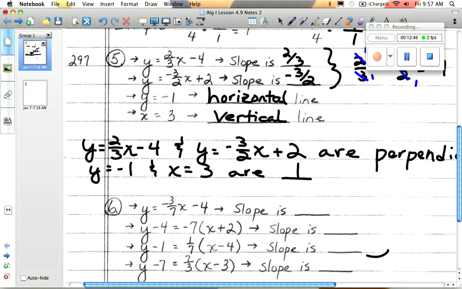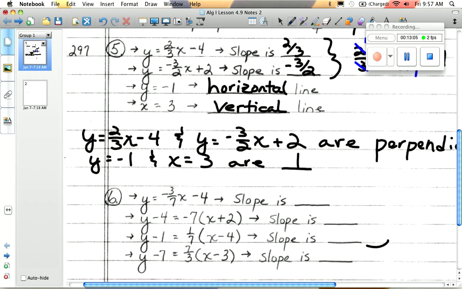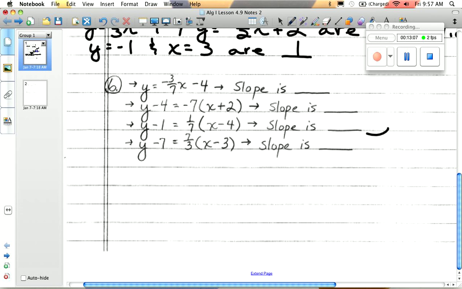No. Vertical lines are parallel to other vertical lines. So today, we don't have to show as much proof, because we only have to worry about the slopes and whether they're vertical or horizontal lines. So we get to cut down on some of our proof, and we don't have to work near as hard.